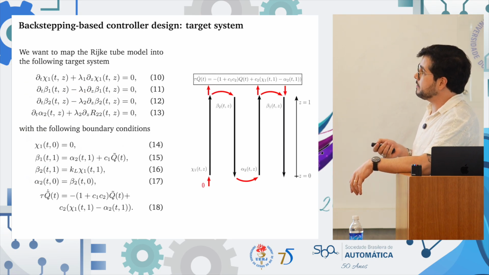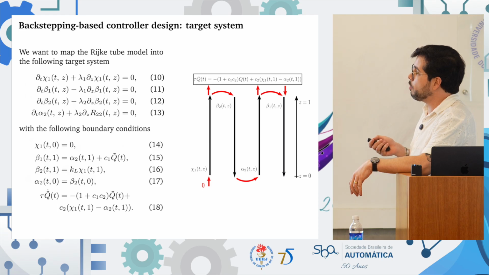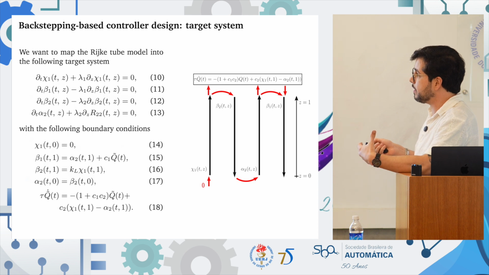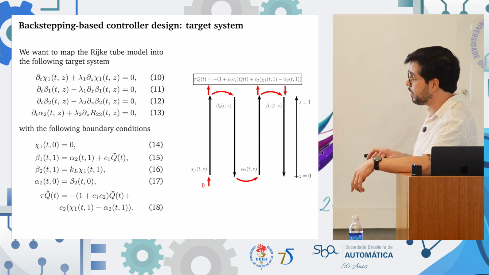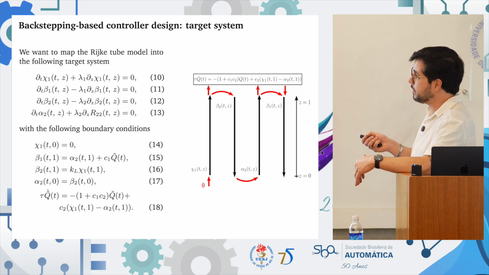So in our case, our target system will be this one. Analyzing this diagram, we can see that it's exponentially stable. Starting from this state here, which has boundary condition equal to 0, this information 0 is propagated through the domain until the upper boundary.